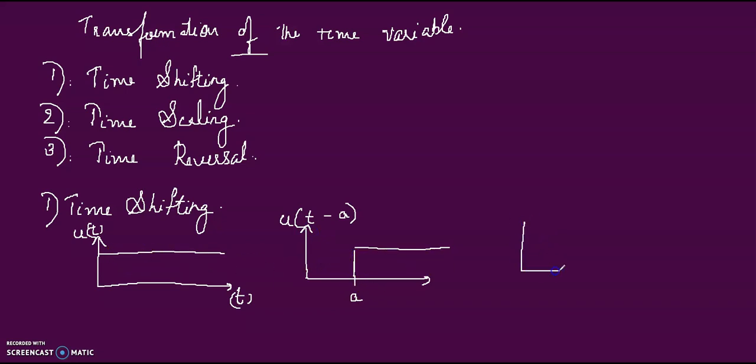If we have u of t plus a, we have to draw the signal earlier by a units, that is, we have to shift the signal left by a units.